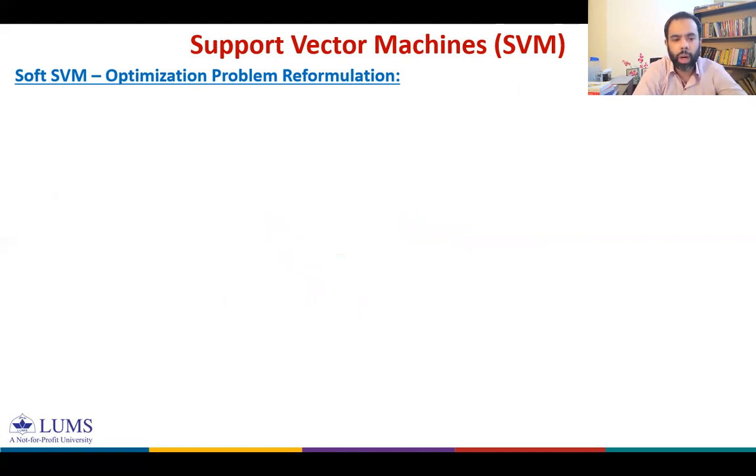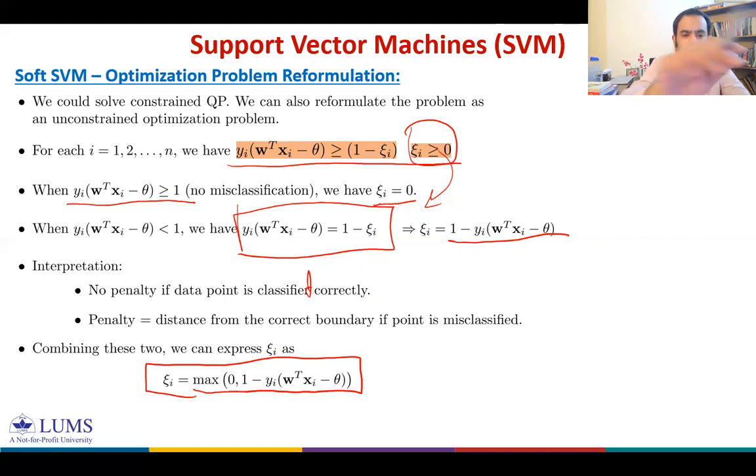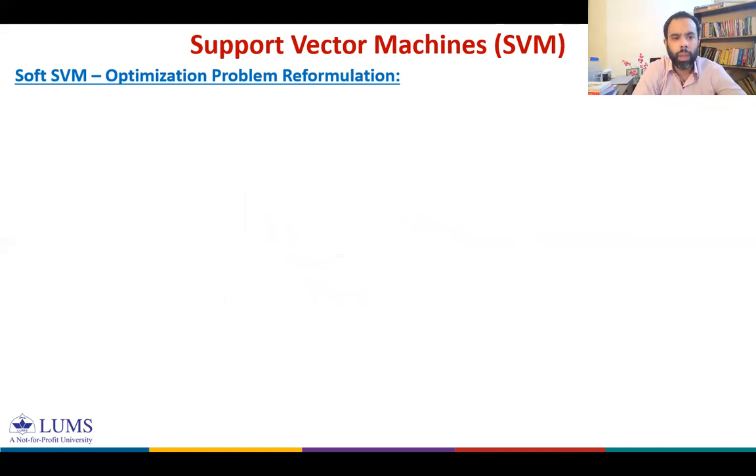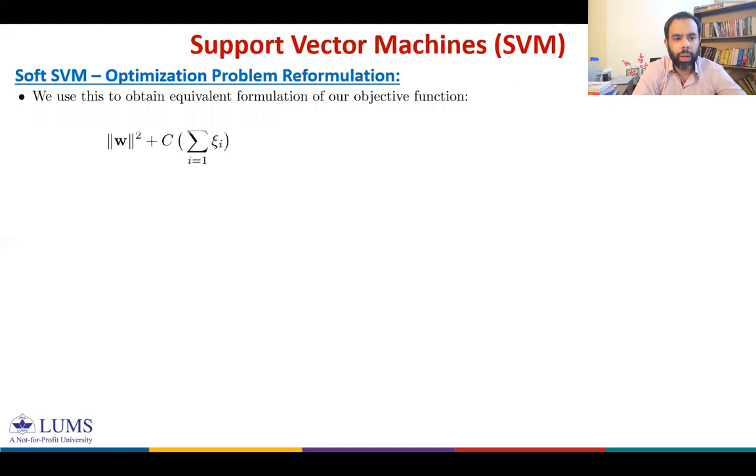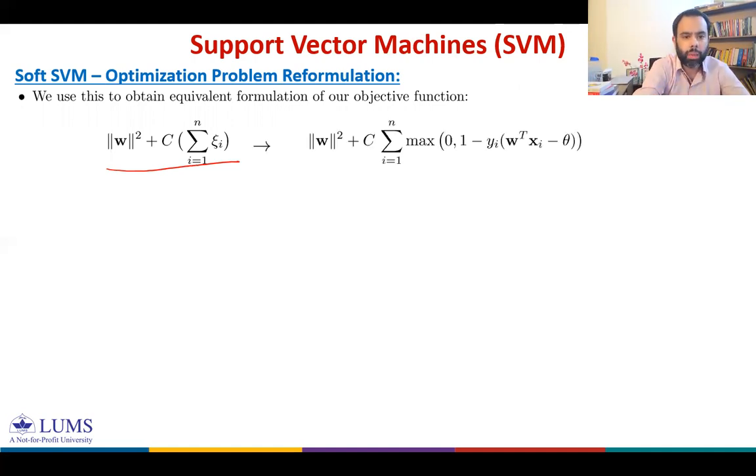When we incorporate this in the optimization problem, we can rewrite the objective function that we had for the constrained problem as an unconstrained optimization problem. Instead of psi i, I have incorporated its alternative formulation.